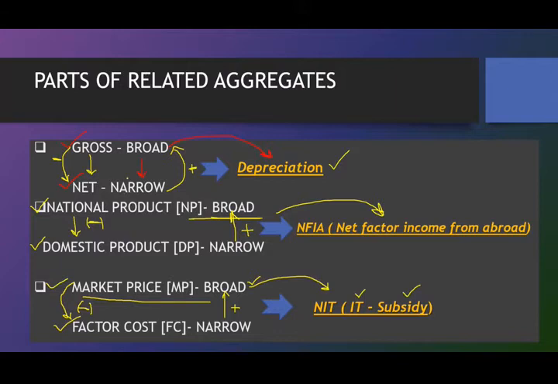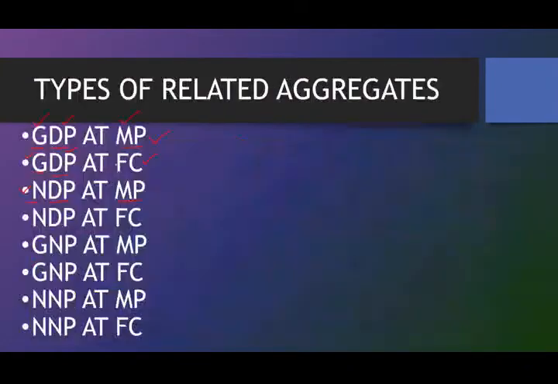With all these parts, we'll be seeing the conversion method. So let us start with the conversion method, and along with that we'll be understanding the definitions of each related aggregate. Here we can check these 8 related aggregates which we have. These 8 related aggregates include these parts only, either gross or net, either DP or NP, either FC or MP.